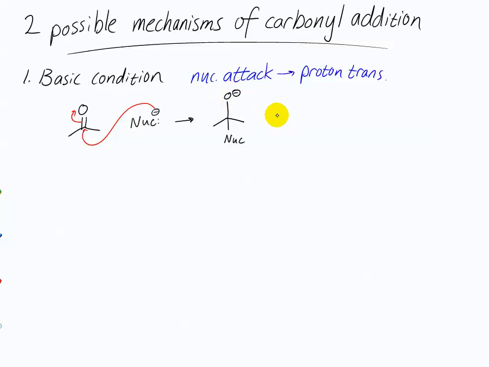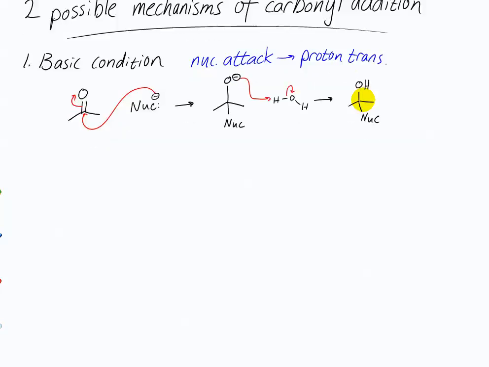And then in your second step, you've got water or whatever that you add in to protonate it. Could be some other type of protic thing, but something like that. So you've got a nucleophilic attack, and then a proton transfer. That's what we've done already.